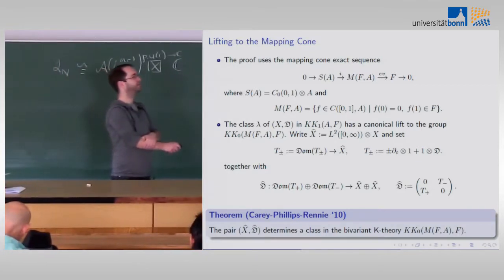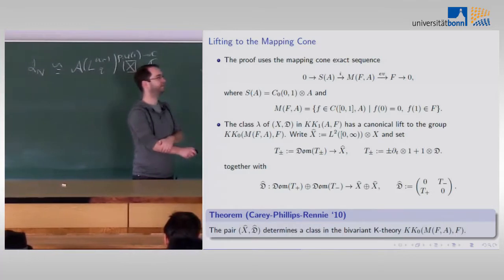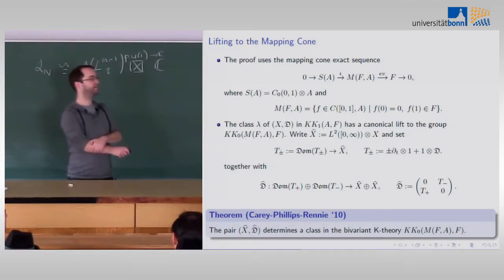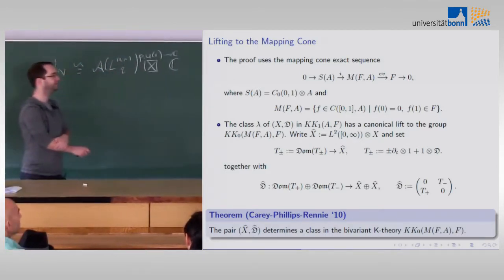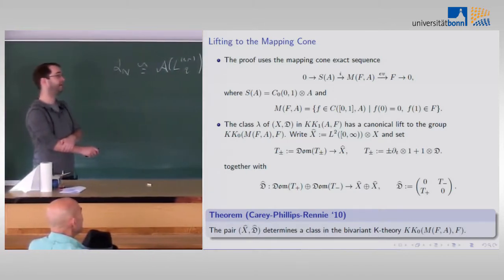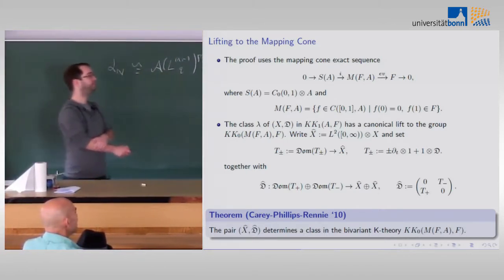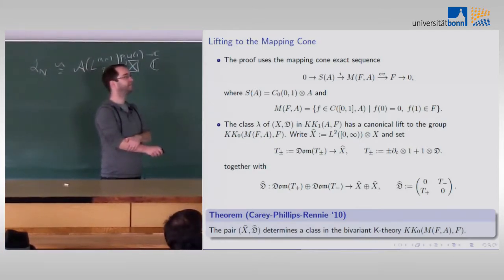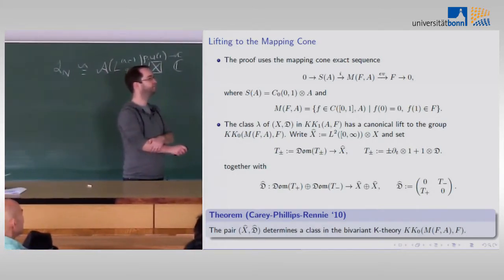So you tensor with L2 functions on the half interval. You take this function which says, I differentiate in the first leg, and I act with D in the second leg. And then I double everything. So this is quite a usual construction to go from K1 to KK1 to KK0. You double the action. So everything is now Z2 graded, so it lives in KK0.